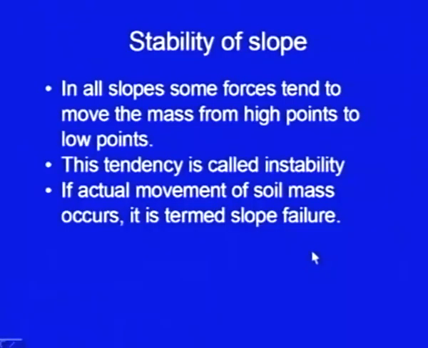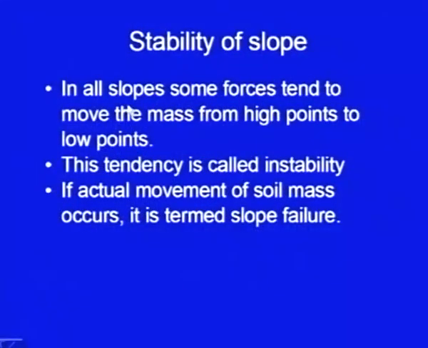Now, after having the idea of what a slope is and what the different kinds and their classification are, let me now come to the point of what we exactly are going to do, what this stability of slope term means. Now, in all slopes, some forces tend to move the mass from a high point to a low point. It is very natural.